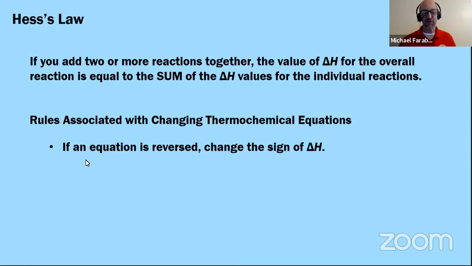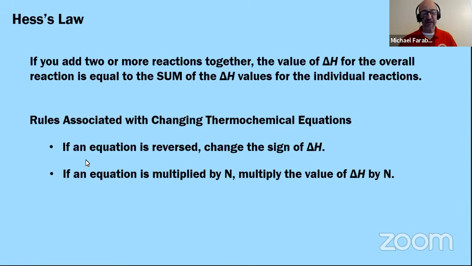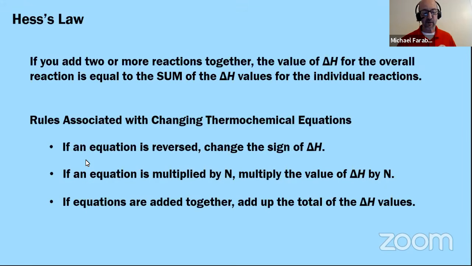If you decide to reverse the direction of a reaction, you have to change the sign of delta H, because now it changes from being endothermic to exothermic or vice versa. If for some reason you have to multiply each and every coefficient by a particular constant n, then you would have to also multiply the value of delta H by that same value n. And as I mentioned, when you add 2 equations together, you would add the total of the delta H values.